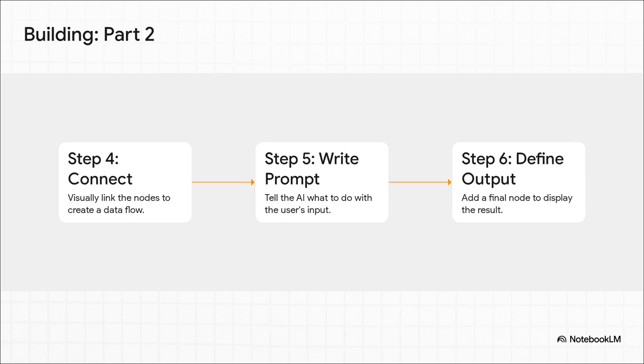Next, you literally just connect the dots. You draw a line from the user's birthday input to that AI brain. Then you give the AI its main job, its master prompt. Something like, hey, go find a really fun historical event that happened on the birthday the user gave you. And finally, you just add one more block to show the result. And boom, you just built an app.